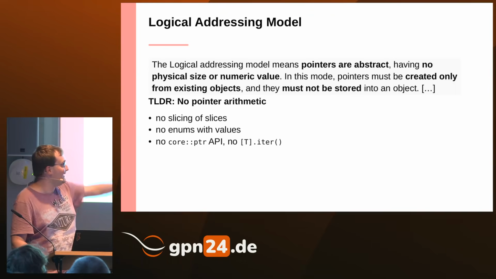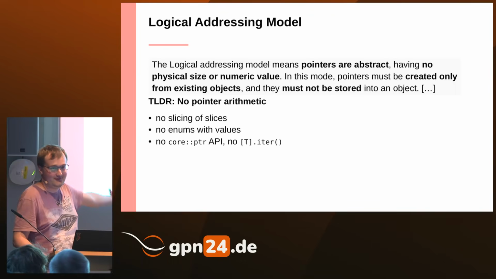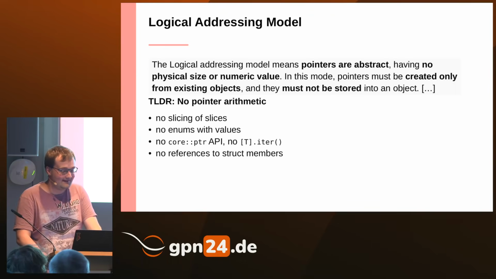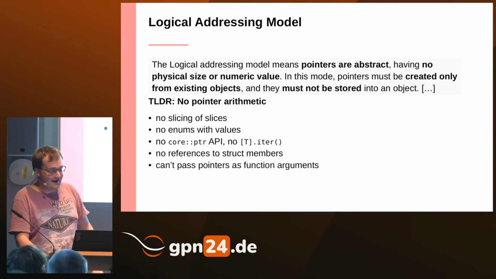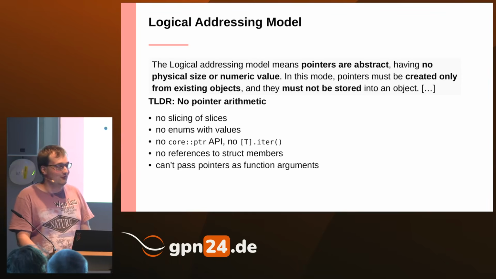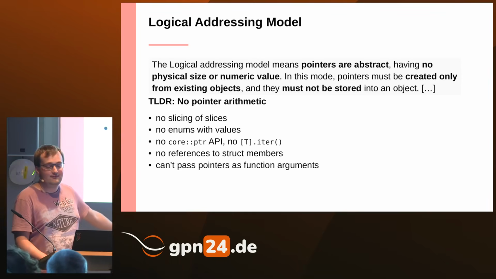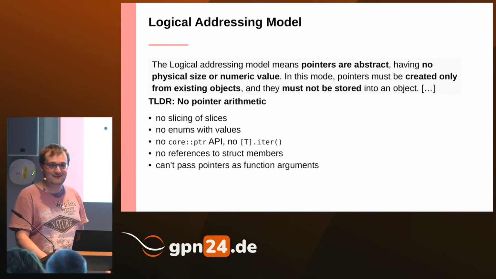You can't iterate a slice because it's using the pointer API to iterate over a slice. You also can't create references to struct members because that's also, of course, an offset. And another super annoying limitation is you can't pass pointers as function arguments. That's simply illegal in SPIR-V Vulkan.